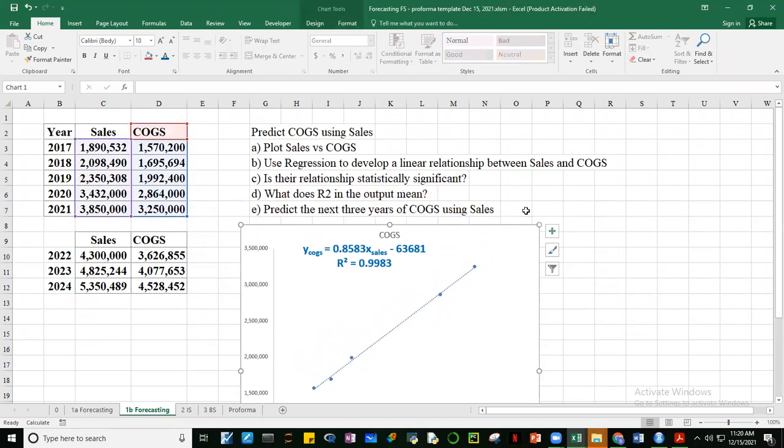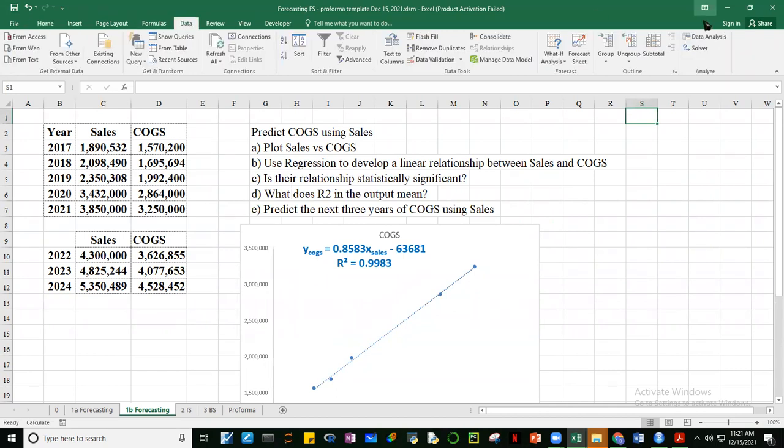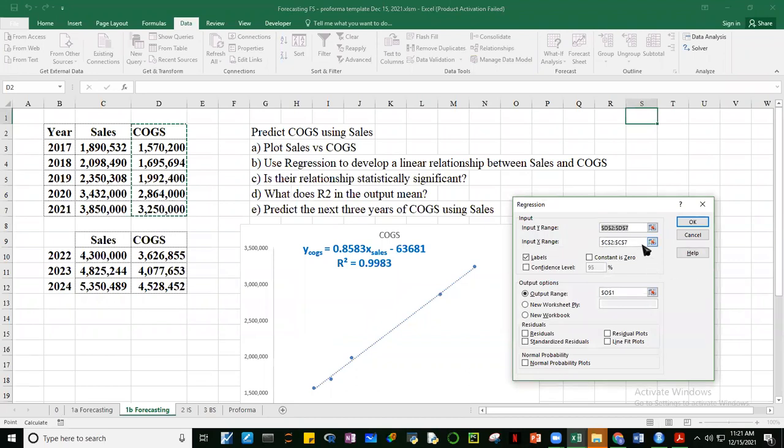And just quickly, if you recall, guys, we can generate the regression output. Okay, pwede natin ilagay dito. If you recall last time, data analysis, regression. Okay, ang input Y natin is itong cost of goods sold. No? Sama ko na yung title.